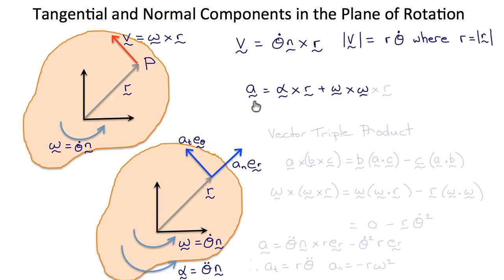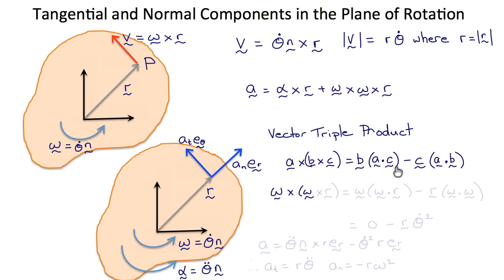So from the previous slide, recall that the acceleration a is alpha cross r plus omega cross omega cross r, which is a vector triple product. Now, recall from vector analysis the vector triple product a cross b cross c equals b times a dot c minus c times a dot b.